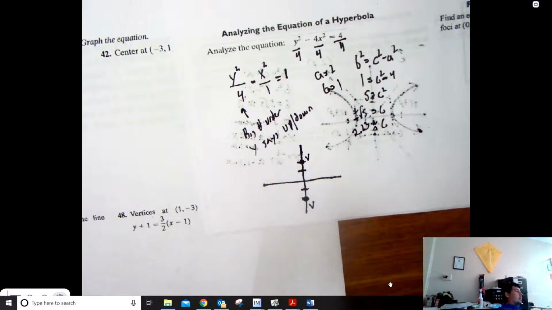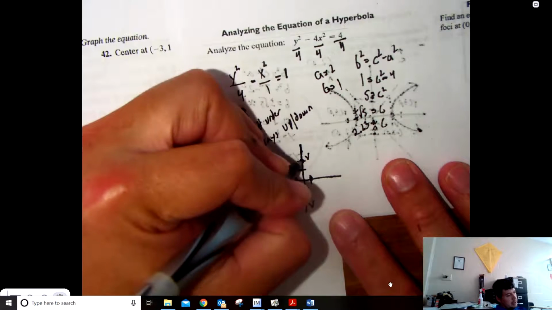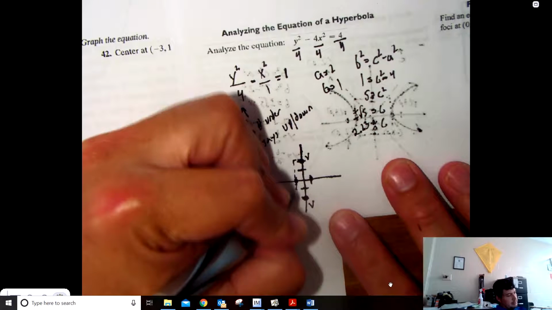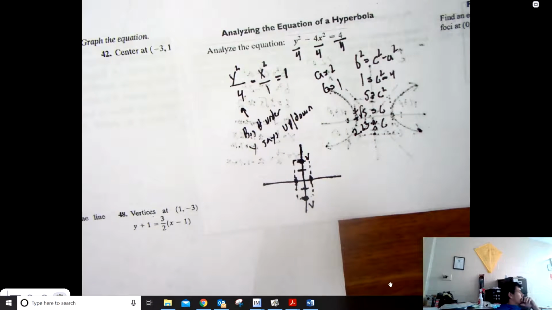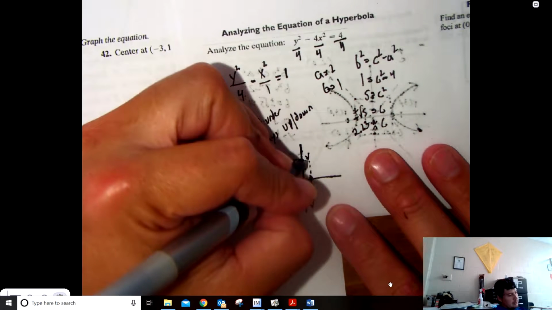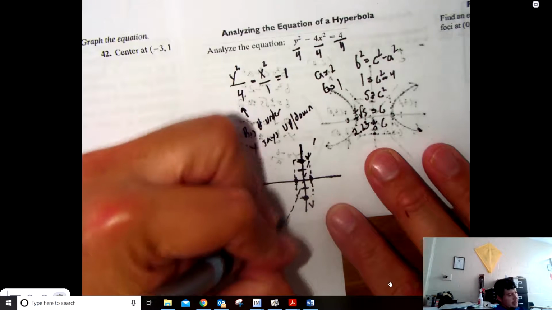The B being 1, that gives us the other sides of our box, right? It's actually not really a useful point. It's just for drawing purposes. We're going to put a little point there, a little point there, and we're just going to box this sucker out. Now our slant asymptotes are going to pass right through the edges of that box.